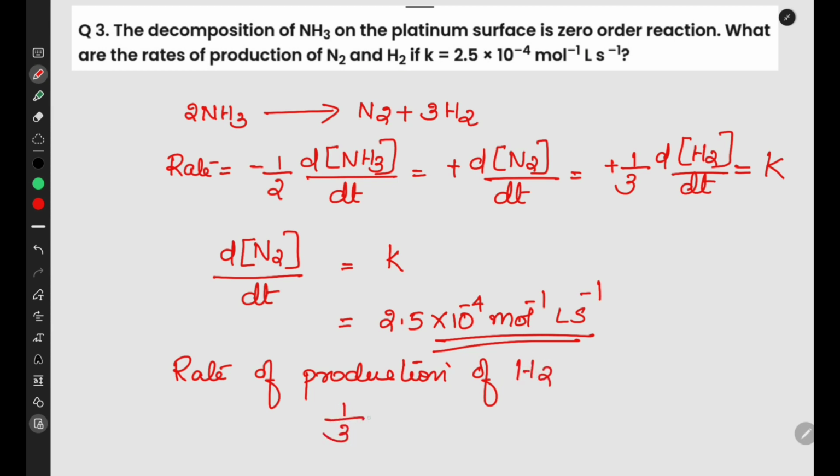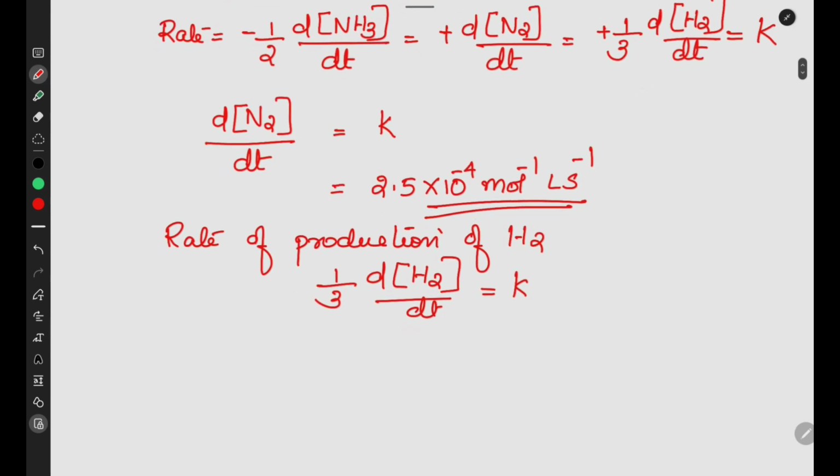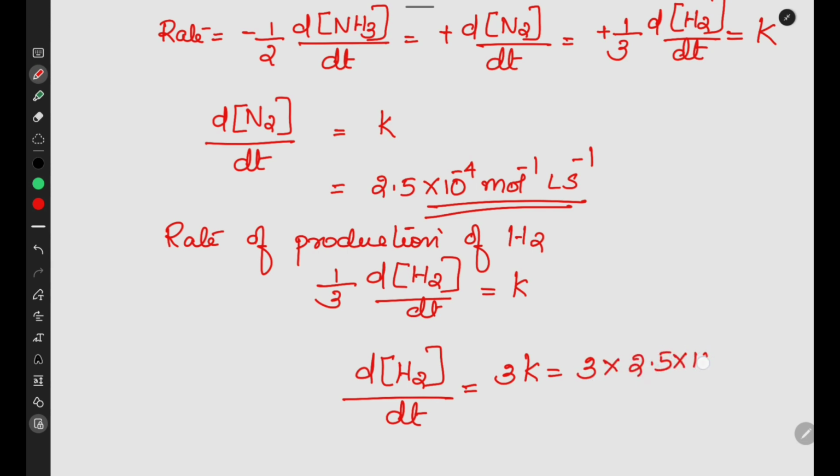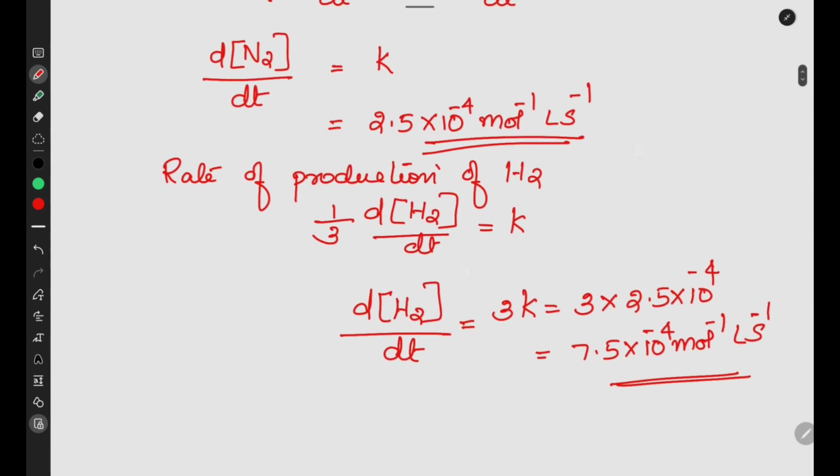Here 1 by 3 dH2 by dt is given as K. So d concentration of H2 by dt is equal to 3K, that is 3 into 2.5 into 10 raised to minus 4, equal to 7.5 into 10 raised to minus 4 mole raised to minus 1 liter second raised to minus 1. So this is the rate of production of hydrogen.